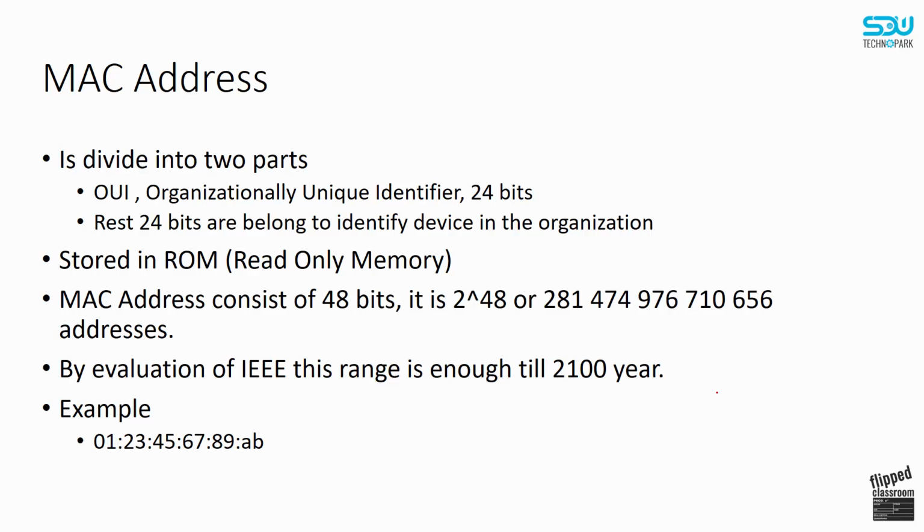Now let's take a look at a review of the MAC address. The MAC address is a physical address, in comparison with the IP address, which is logical. It is divided into two parts, where one part is called the OUI, Organizational Unique Identifier.